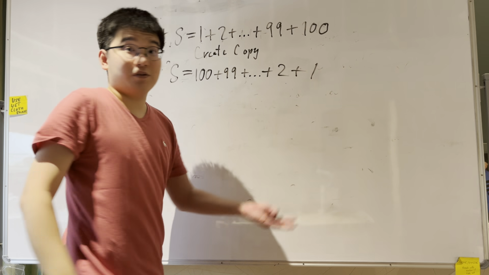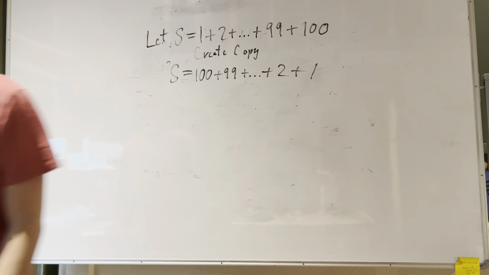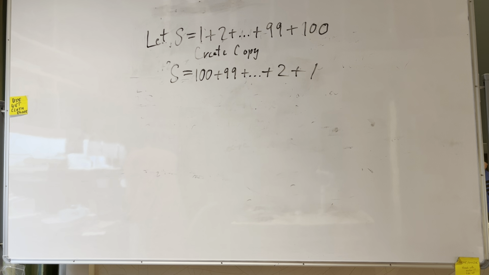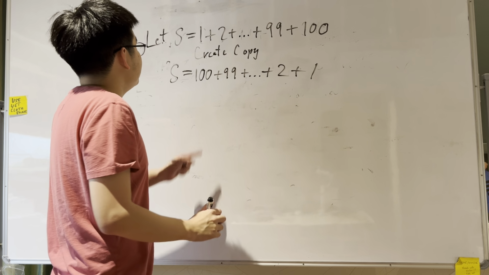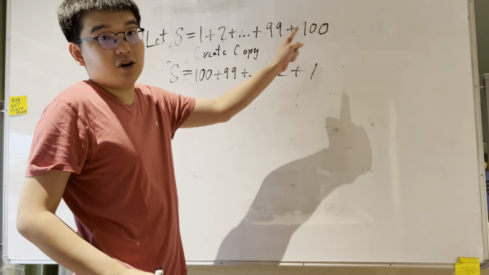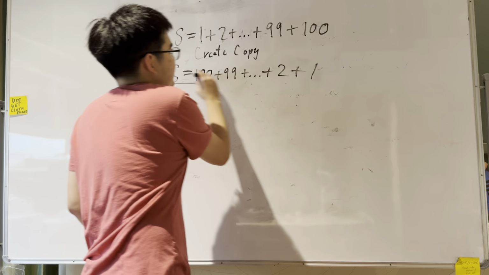So basically Gauss reversed the direction. And then he noticed that if you add all these summands vertically, you will always get a constant 101.